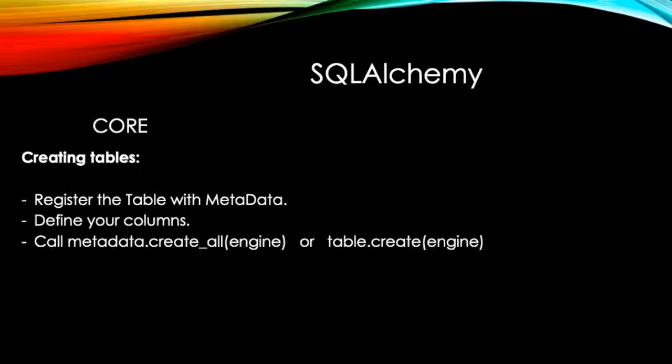Creating table. I'll show you how you can create a table with metadata.create_all(engine). First, when you assign your database to an engine, it doesn't really create that database until you call this function, metadata.create_all(engine). Then it will create that table.